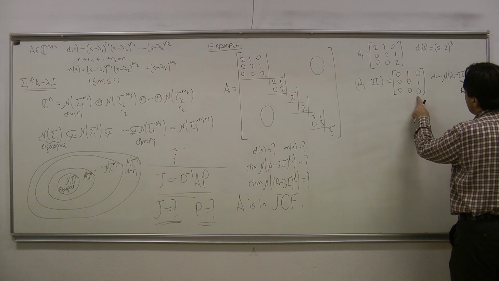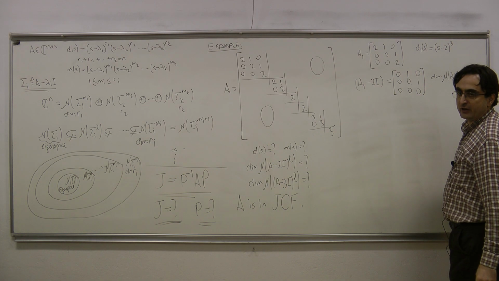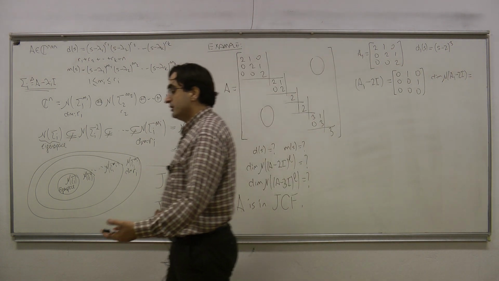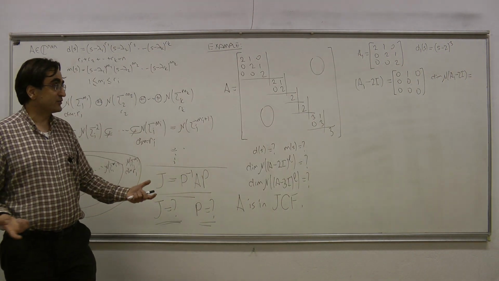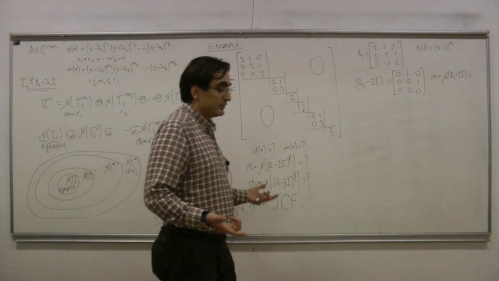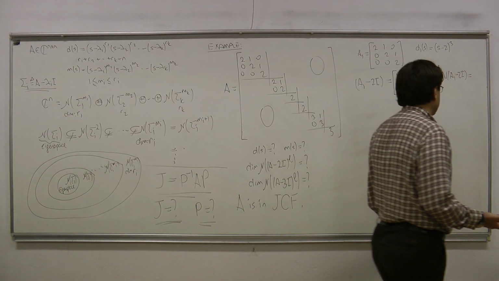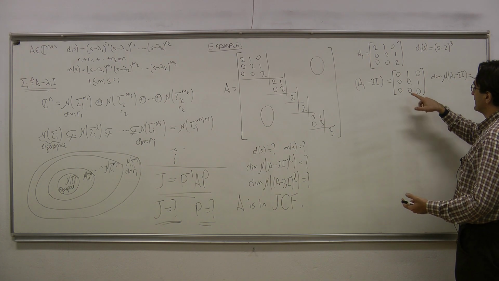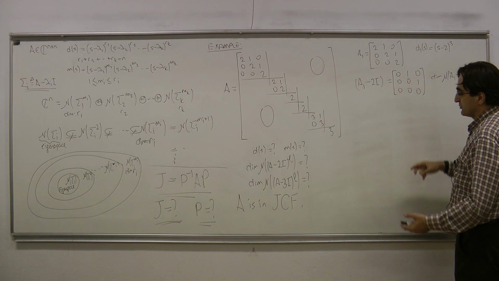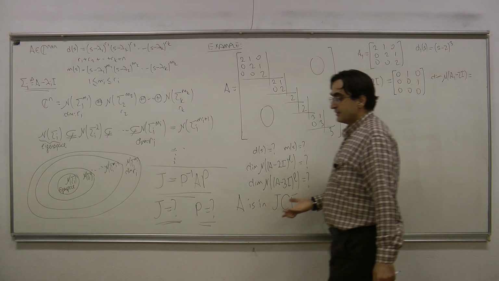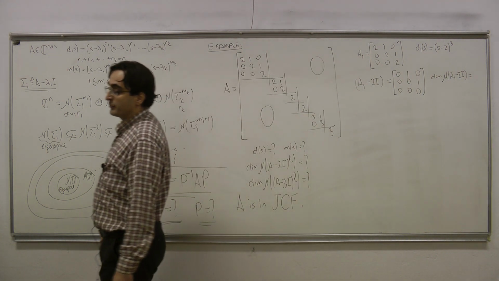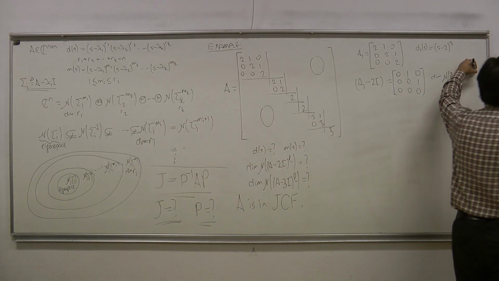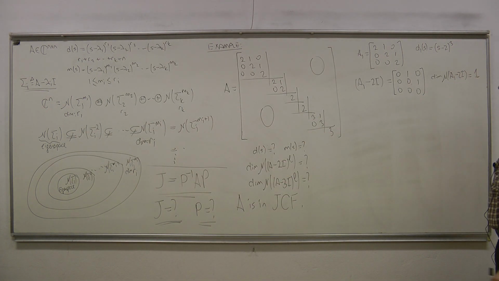By the rank nullity theorem, with rank 2 and number of columns 3, the dimension of the null space of this matrix should be 1.